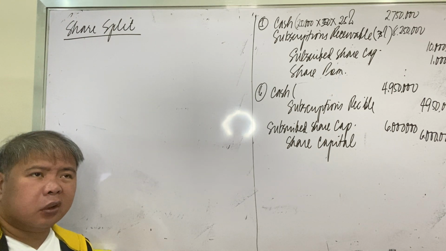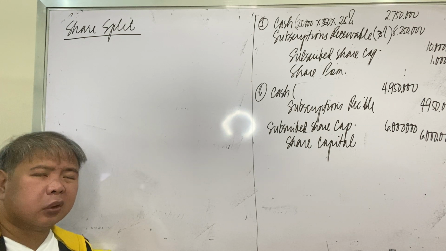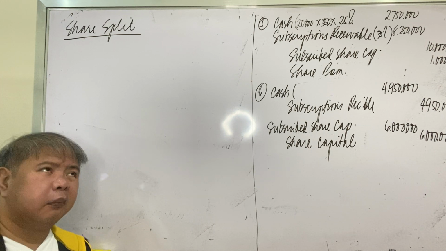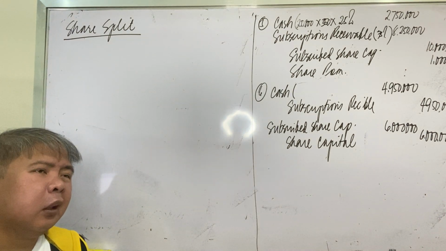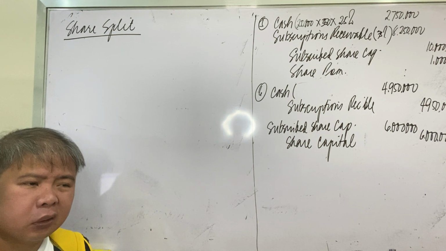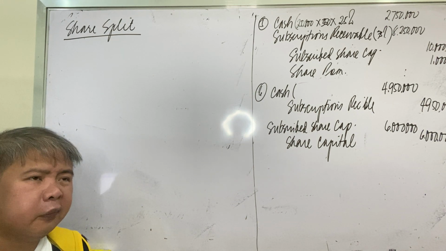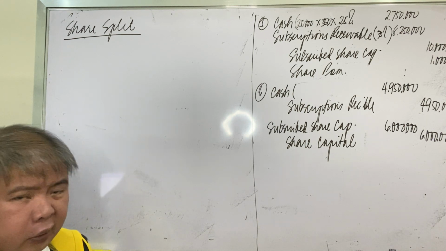Again, at the end of the share split, the total shareholders' equity is still the same. So how do you record share split? If you notice, there was no change in the share capital or the capital structure of the company. So when we speak of share split, we only record that through a memorandum entry.